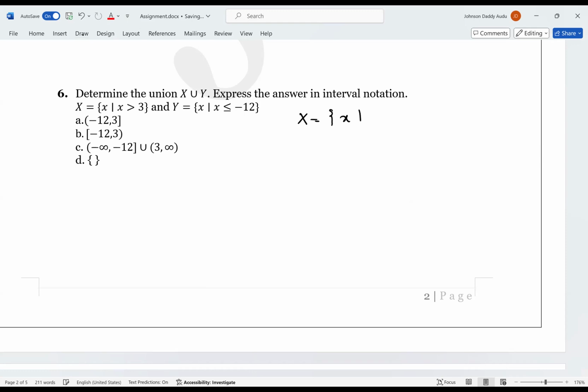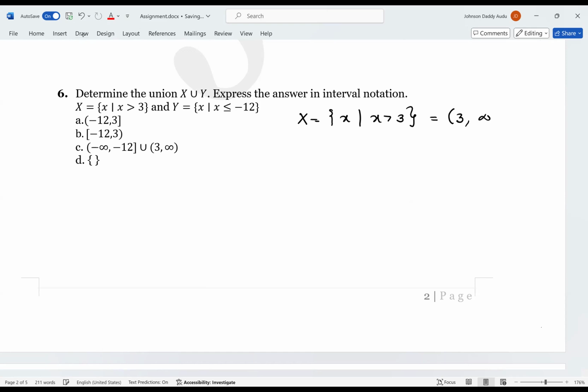Anytime you see a set like this, and there is no condition on X, X is not saying X is an integer or X is an even number or anything. So anytime you see a case like this, then it means you are dealing with an interval. This is nothing but from 3 to infinity.